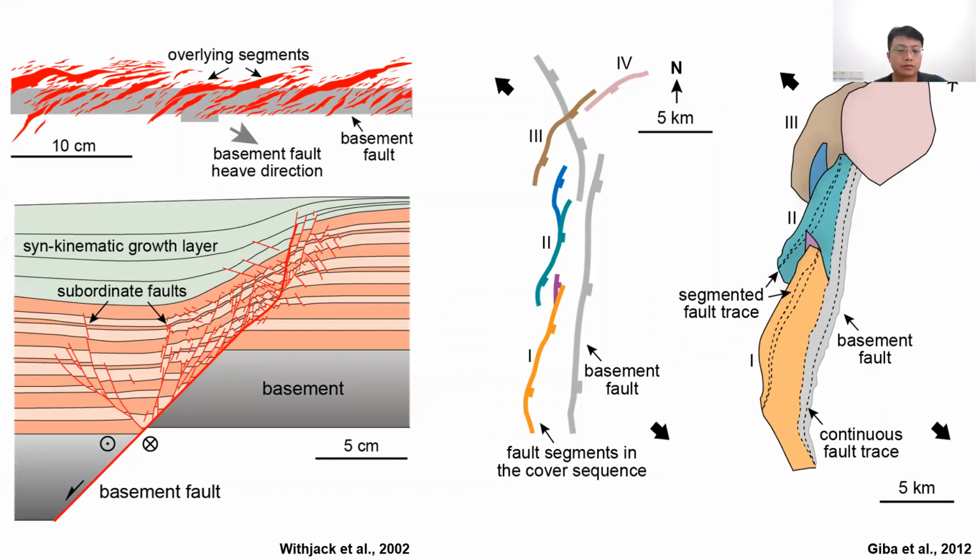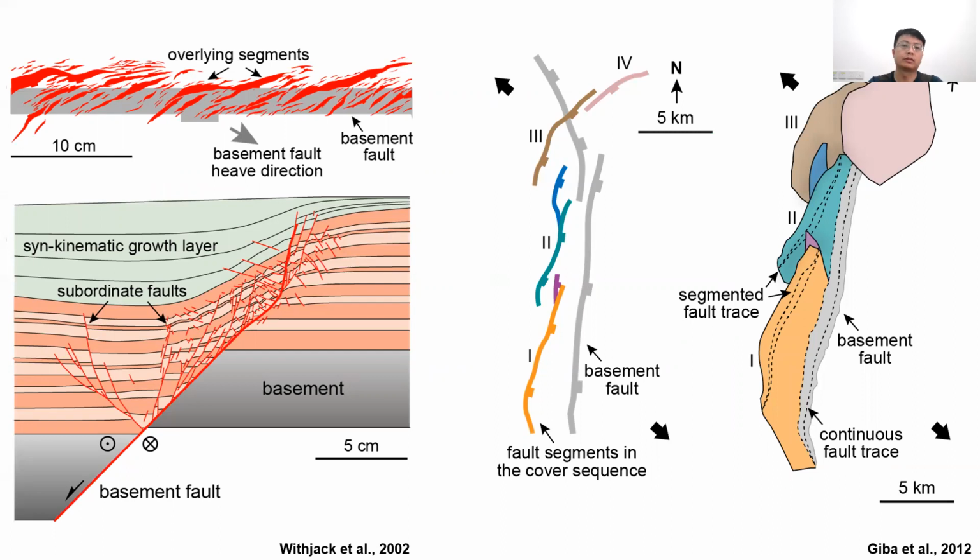Here we use the example from Withjack 2002, the analog modeling showing that the basement faults actually propagate upward, and it shows very complex hanging wall geometry in the sedimentary section. In the map view, the faults are en echelon, because the extension direction is oblique to the basement orientation.